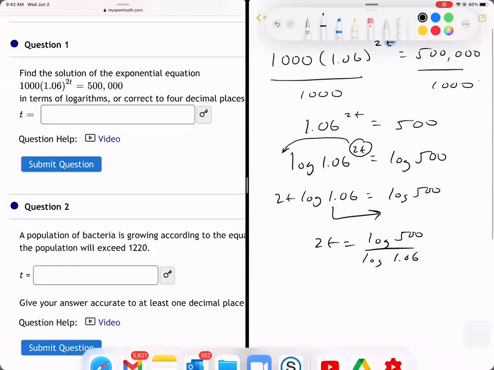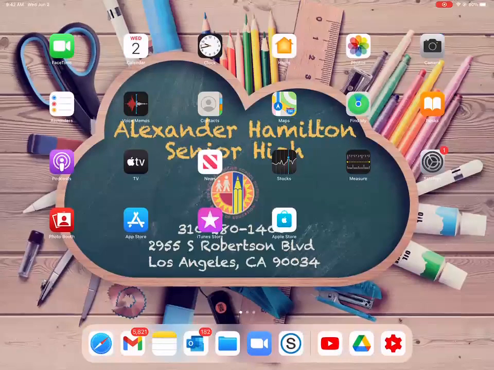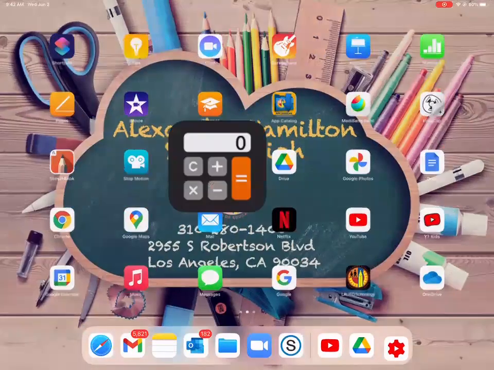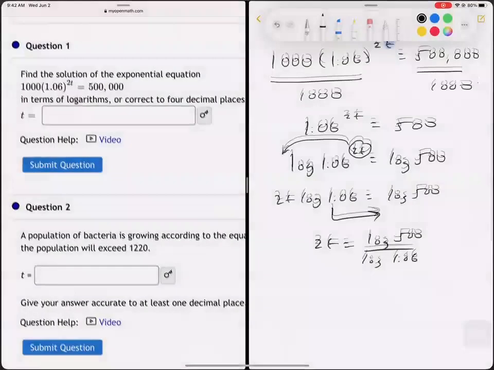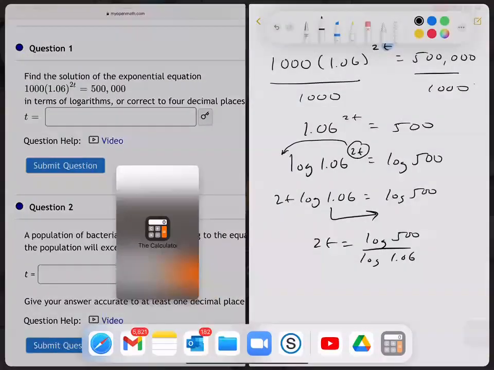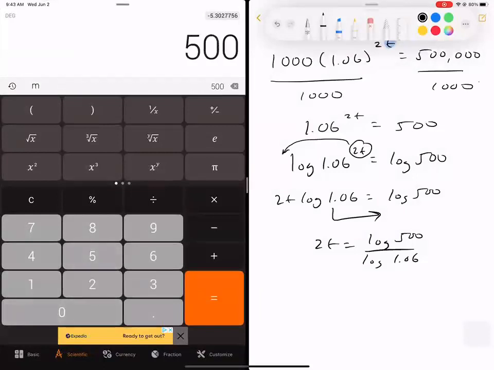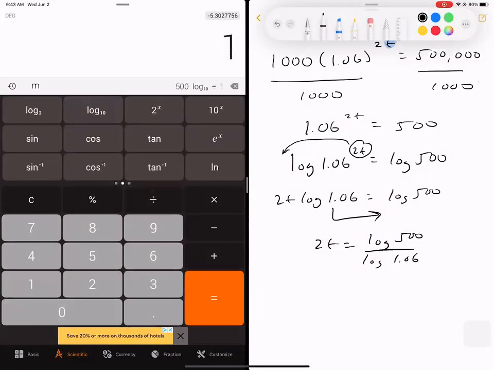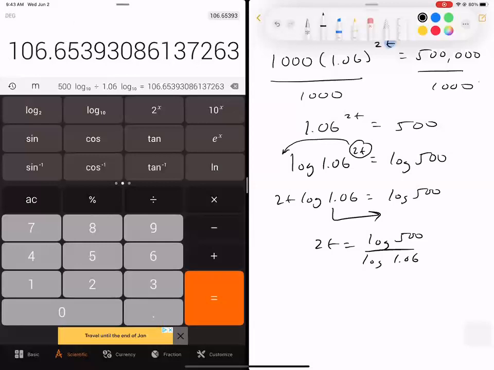This is going to be on a calculator. Let's go ahead and bring up a calculator. Oh, I don't have a calculator. Here we go. So we're going to type this out, log 500 divided by log 1.06. And I'm going to hit equals first. That's going to give me 106. Then I'm going to divide this by 2.